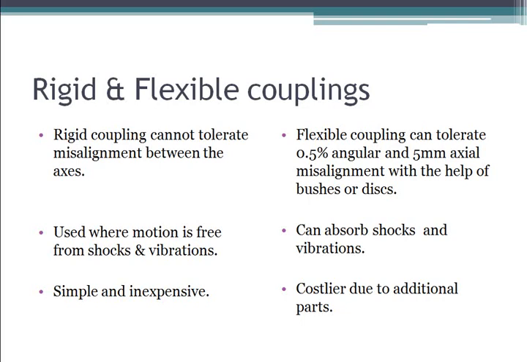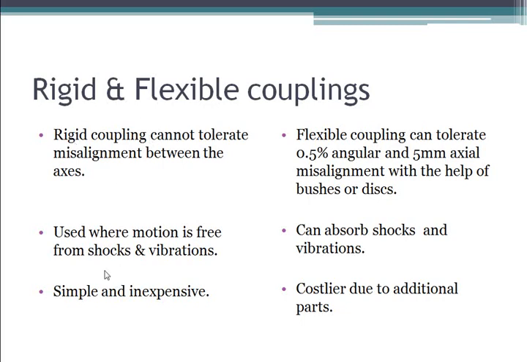Exact alignment of the shafts should be there. Flexible couplings can tolerate up to 0.5% angular misalignment and 5 mm axial misalignment with the help of other parts like bushes or discs, which we will see in the upcoming topics.